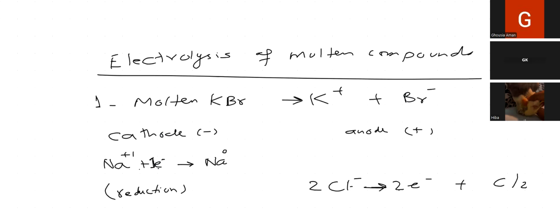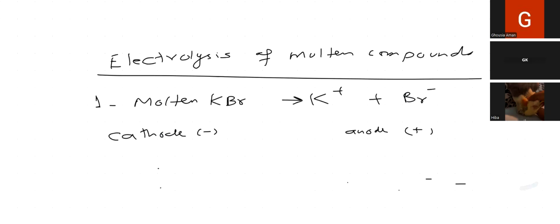Done. Okay. Now see. Potassium bromide, when you melt it, will break down into potassium cation and bromide anion.